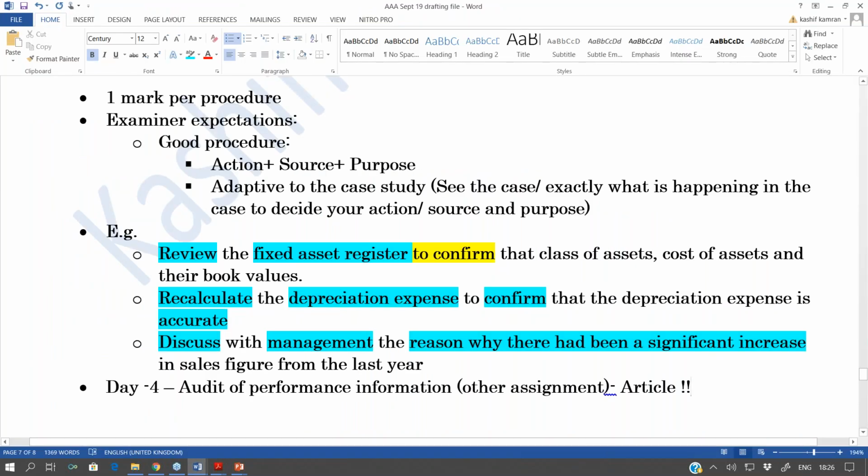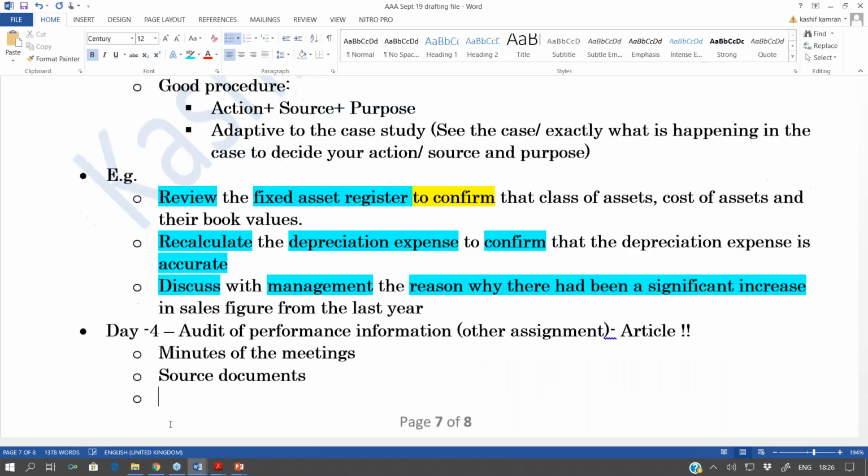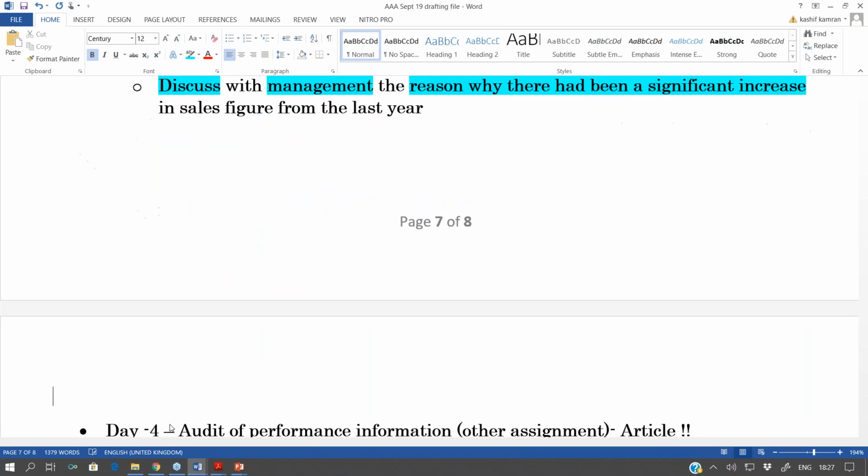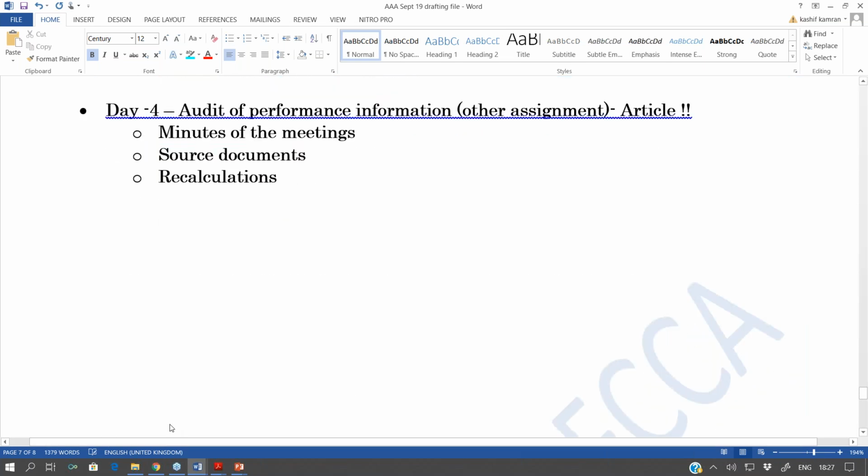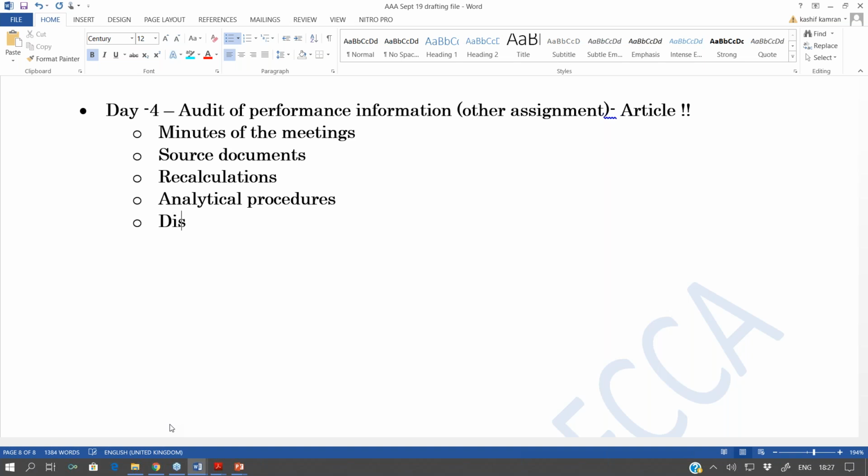Procedures include minutes of the meeting, source documents, recalculations. They include analytical procedures, and they also include discussions with the management.